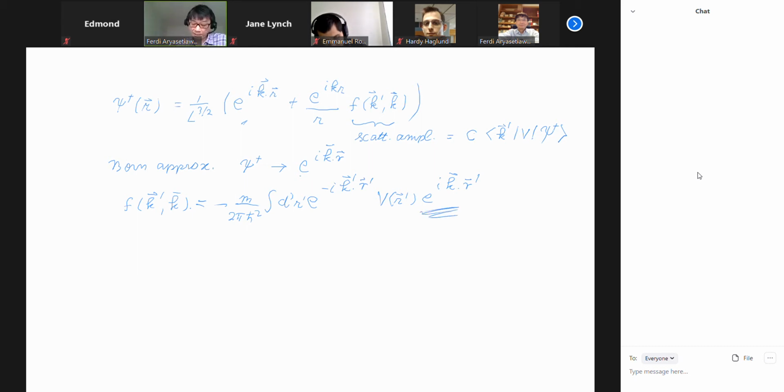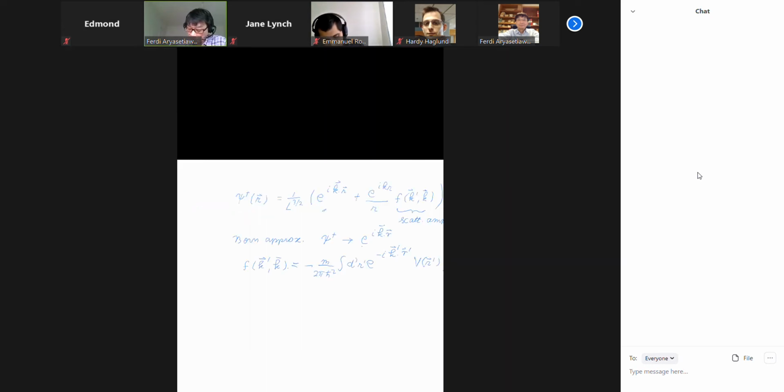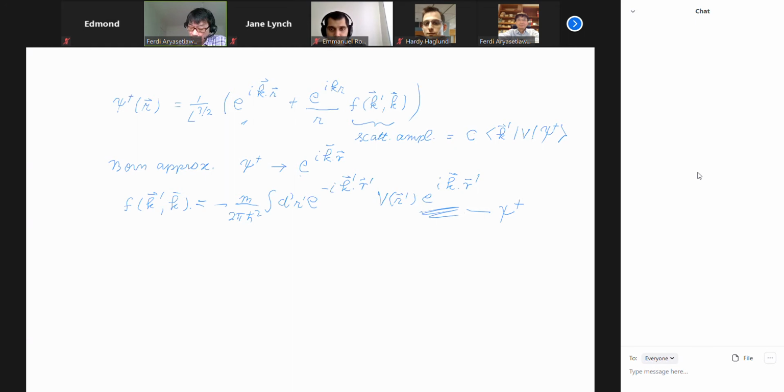So that replaces psi plus there. So this is actually just a Fourier transform of the potential. Yeah. So this is the Fourier transform of the potential. So then it becomes just minus f1 2 pi h bar squared Fourier transform K prime like this.